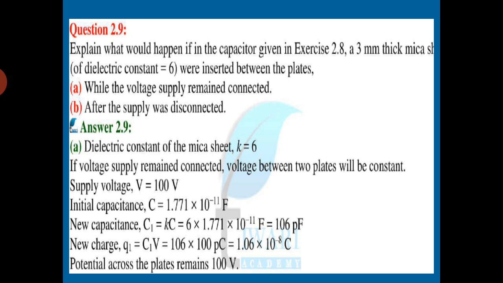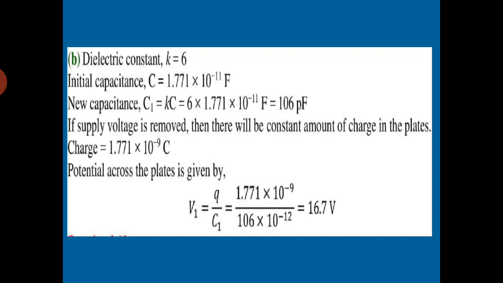Now in the second part you are asked, after the supply was disconnected, now there is no more supply in the circuit, what will happen to the new capacitance? What will happen to the charge? What will happen to the potential? So dielectric constant K is equal to 6. Initial capacitance you calculated 1.771 × 10^-11 farads.